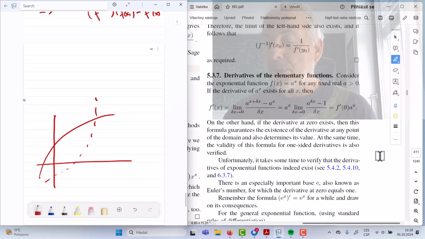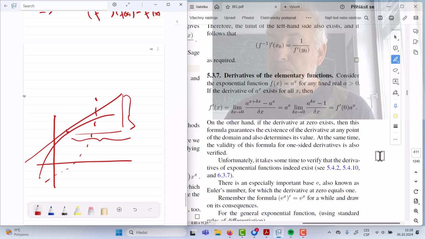And you see that the slopes are related: if you look at the tangent, the slope of the tangent is just this ratio of delta y and delta x. And if I view the same picture the opposite way, as the inverse function, I simply take delta x over delta y. So the slope of the inverse function is just the reciprocal value.